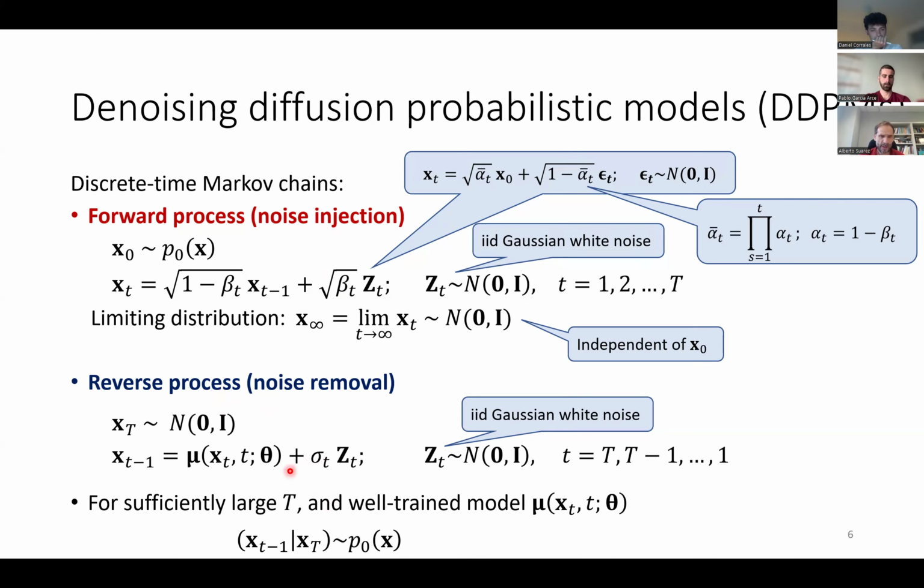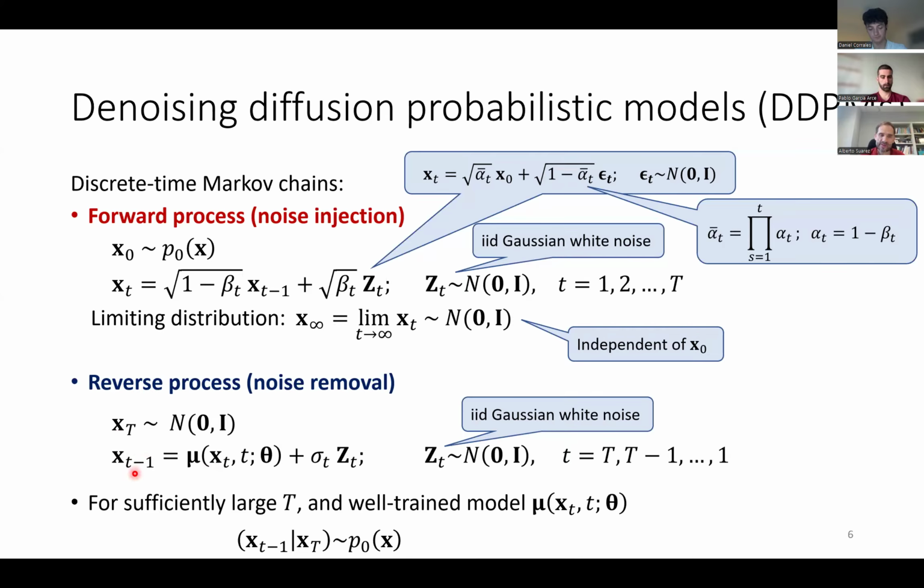What changes here is that in the forward process, the drift term, the term that determines whatever happens at t minus 1, is very simple, linear in x of t minus 1, whereas here it's going to be very nonlinear. Remember that this is a backward in time process, so I know x of t and I want to generate x of t minus 1.